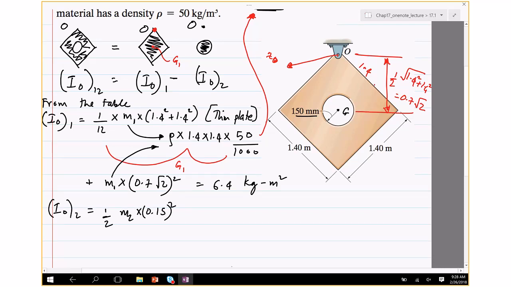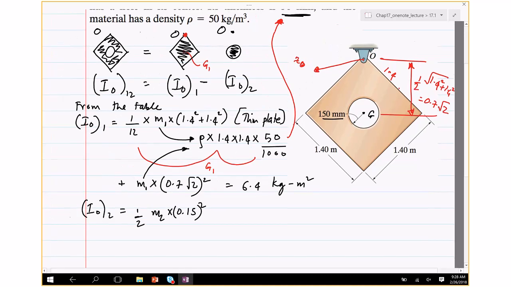But that's the inertia about the center of mass, or G2. I need to use the parallel axis theorem to find the inertia about O. So that's going to be mass times the distance from G to O, which is the same as the previous one, (0.7 square root 2) squared.